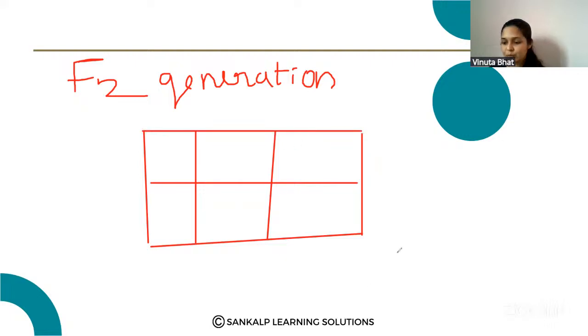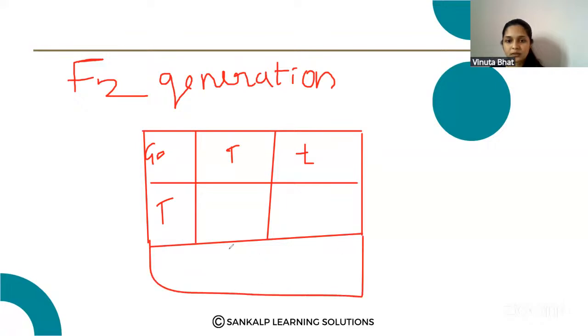Just put a neat checkerboard, okay? Don't worry. Here, gametes you should write capital T, small t, and here also capital T, small t. Then inside the boxes: capital T, capital T; then capital T, small t; then capital T, small t; then small t, small t.